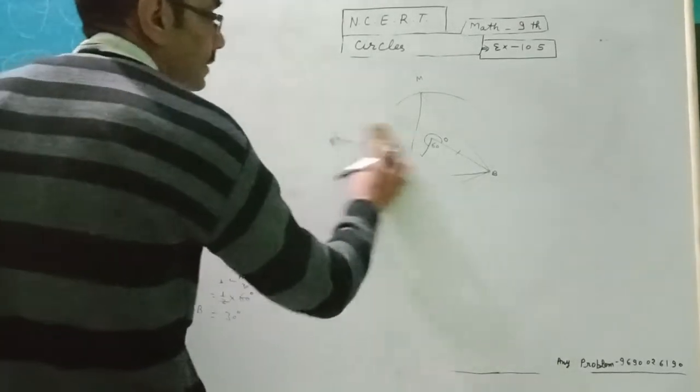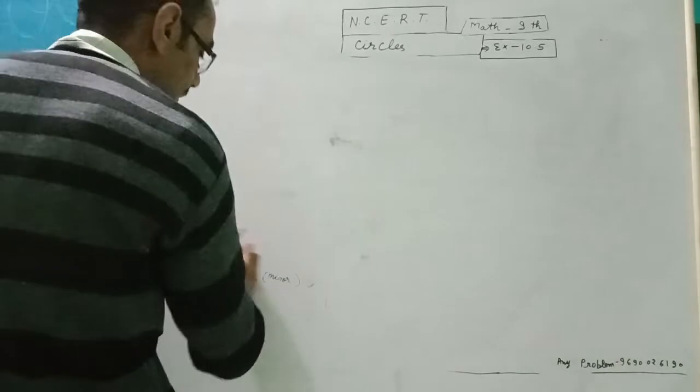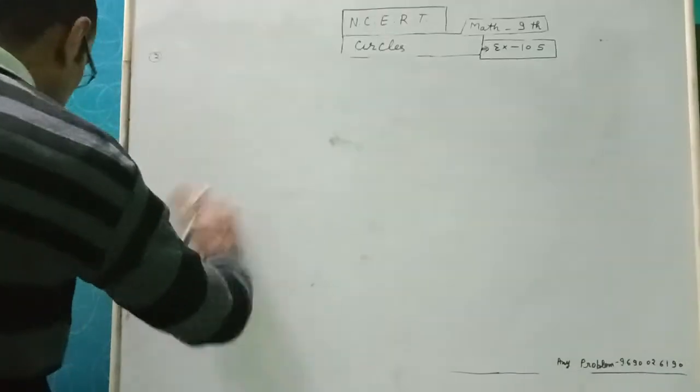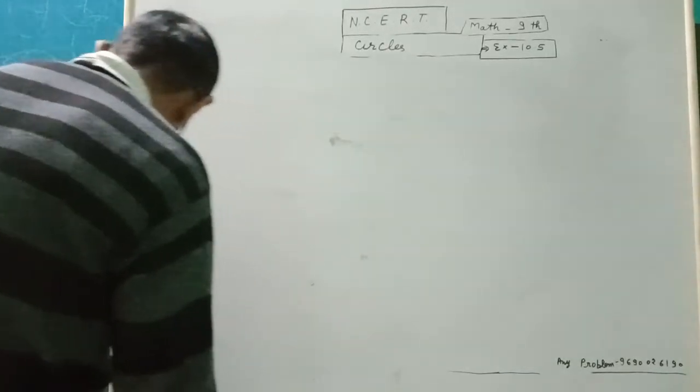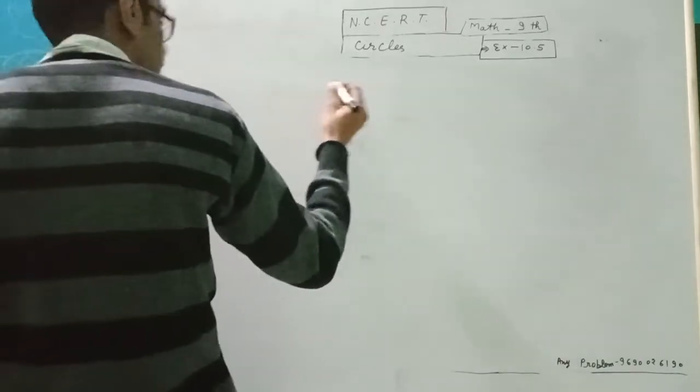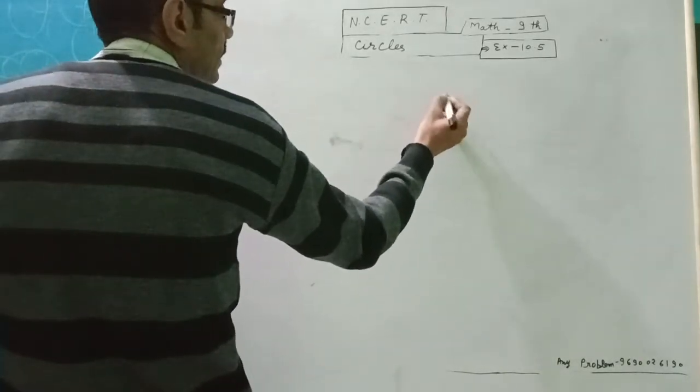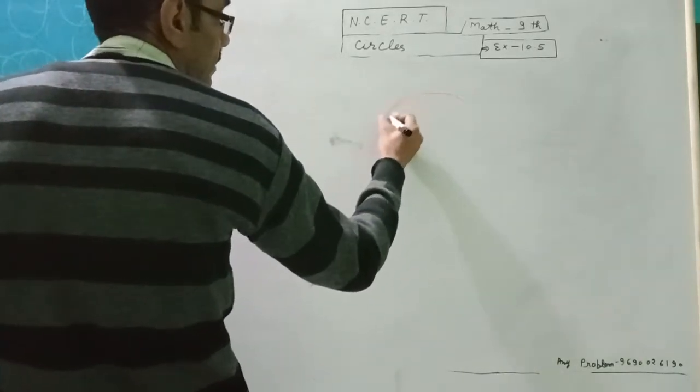Question number 3. In the adjoining figure, that is the figure of the circle.